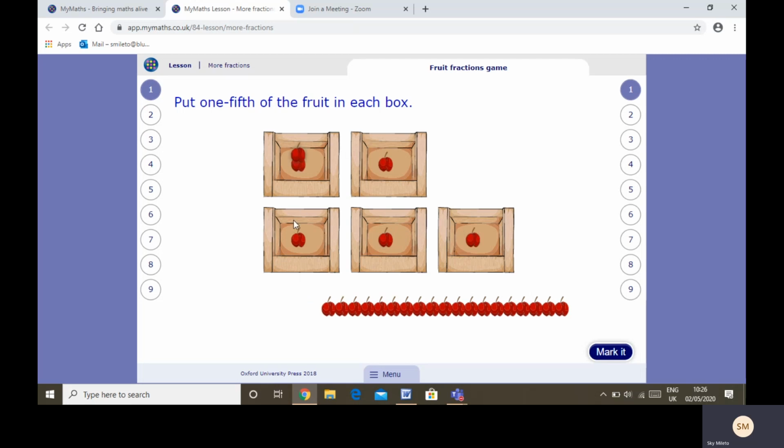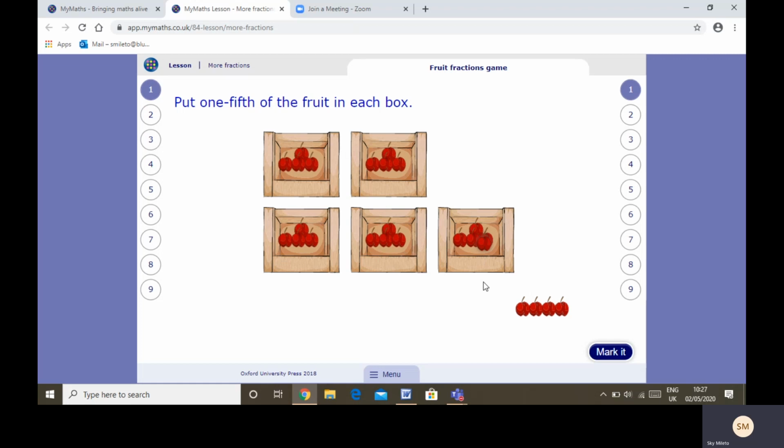Do the same again. Two in each box. Wait for my computer to catch up. 3 in each box. 4 in each box.